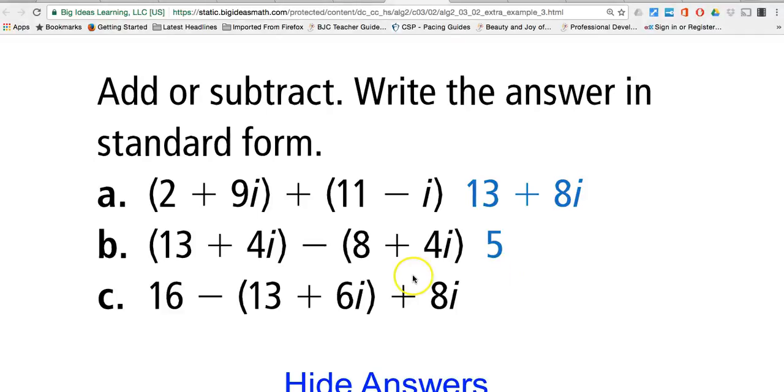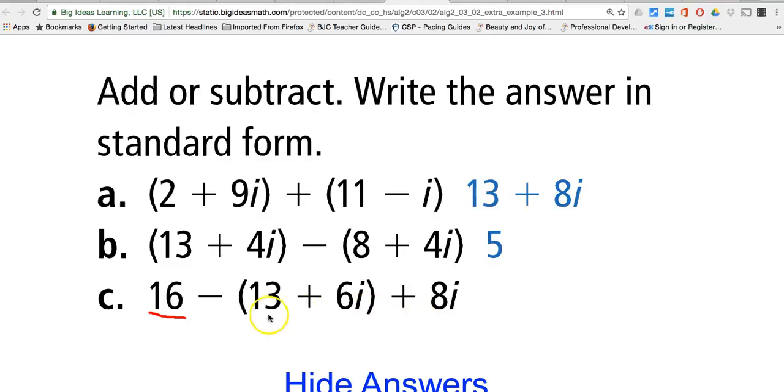Now when we look at our last part, here our second number is split up. We've got our real part out here and then our imaginary part at the end. But remember, all we're doing is taking all of our real terms and combining them together, and all of our imaginary terms and combining them together.